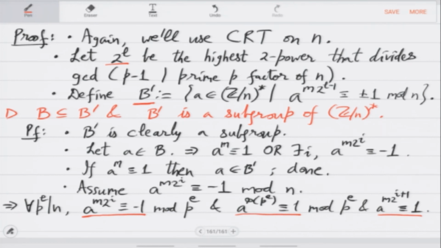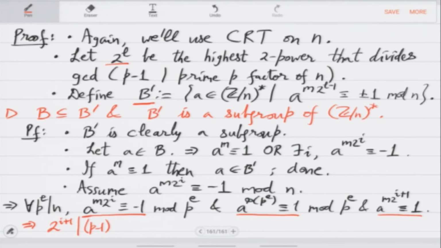Now, from these three properties, what can you deduce? Okay. So, we deduce that 2 raised to I plus 1 divides p minus 1. So, p minus 1 is the only even part of phi of p raised to e, right.